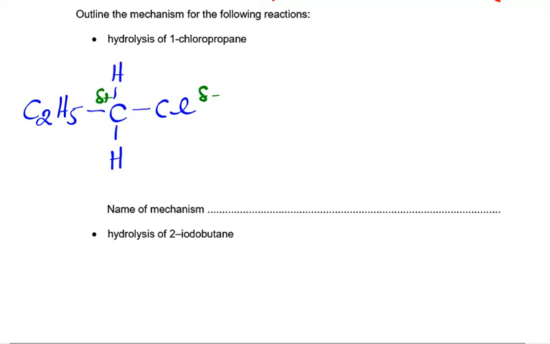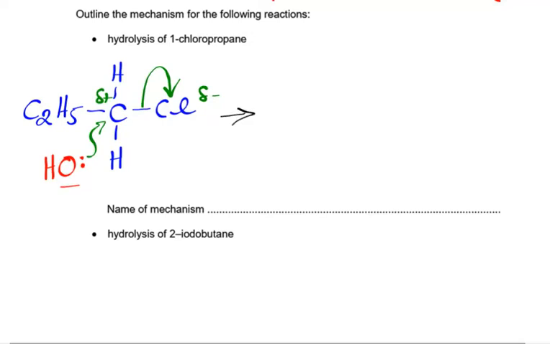Doesn't really matter where the hydroxide goes this time. I'm going to pop it down there. Remember the negative charge. And then the arrow's coming in, kicking the chlorine out.